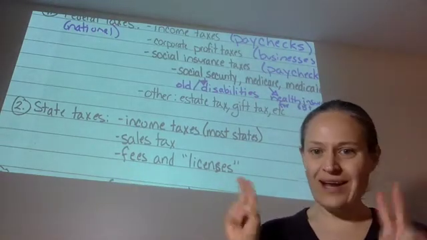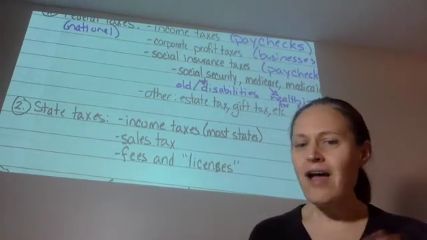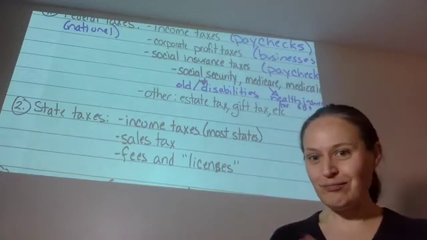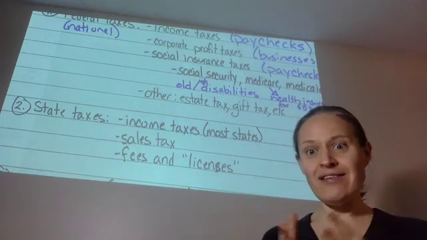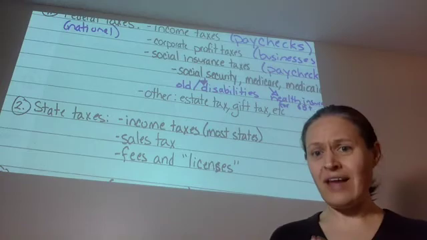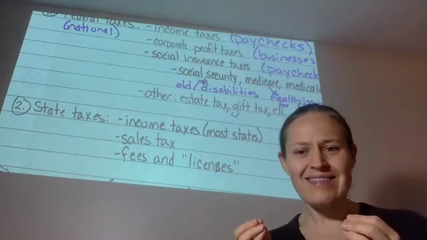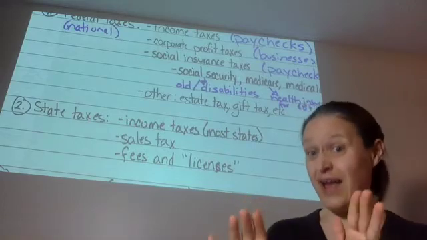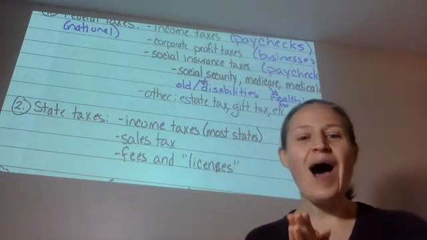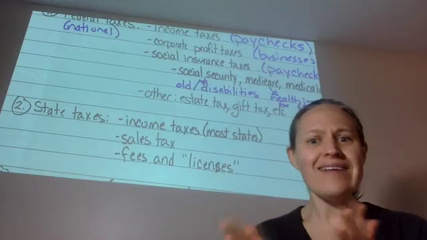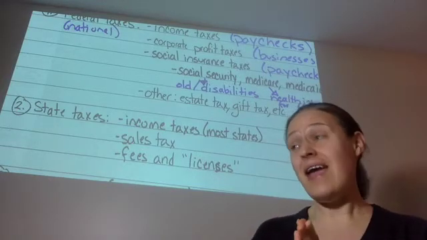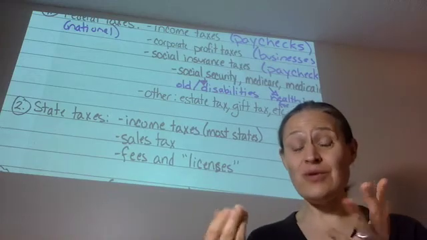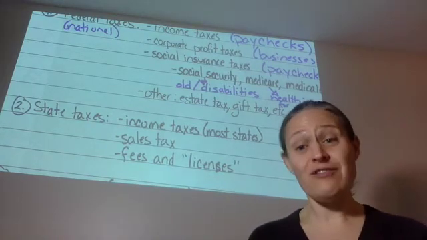Anytime there's a fee or a license, that is a tax. So, a lot of people are hunters, right? They like to go out and hunt animals, and they have to get a license, like if they go deer hunting, they have to have a deer license. Well, that license, it's not like a driver's license, which shows that you're physically able to drive without crashing into things. A hunting license, it's a tax. It's saying, hey, if you want to hunt our state's animals, you need to pay that tax to do so.